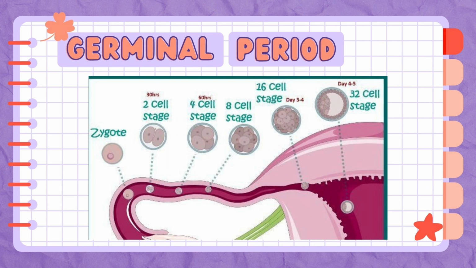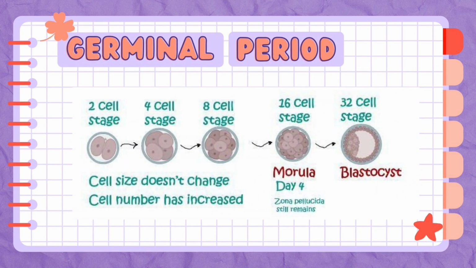Germinal period. During this stage, notice that the zygote begins its journey down to the uterus over the course of about 1 week. During this journey, the zygote divides many times, from the 2-cell stage to the 4-cell stage up to the 32-cell stage.